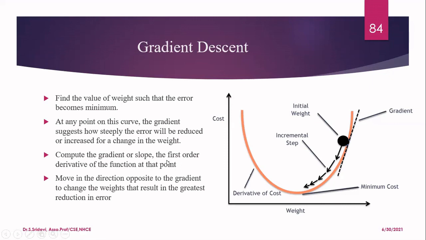For every weight value, you compute that. Then you move in the direction opposite to the gradient to change the weight value. That will result in the greatest reduction in the error. So our aim is to compute the gradient and then, with the help of that, you update the cost function. And that is nothing but you are going to update the weight.